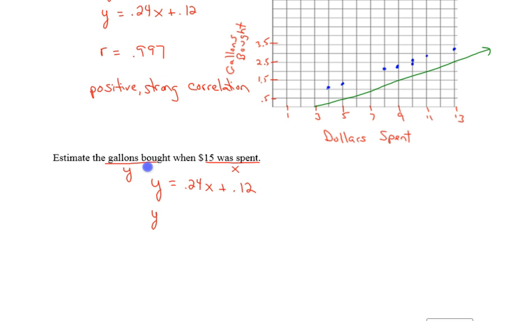If we're looking for the number of gallons bought, we're going to substitute $15 in for X and solve for Y. So I'm going to give you 1 minute to throw that inside your graphing calculator. And you should end up with 3.72. So when you spend $15, you're going to get about 3.72 gallons of gas.